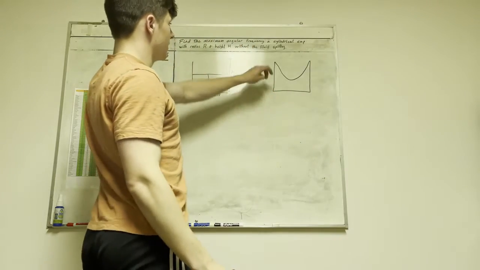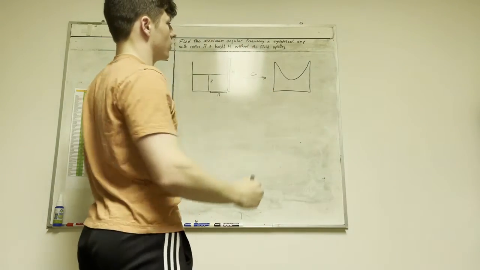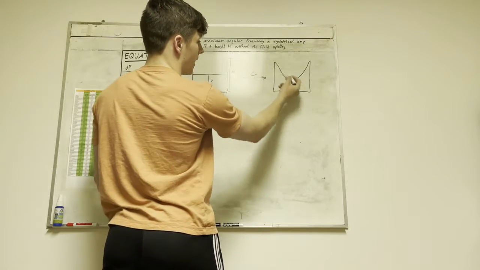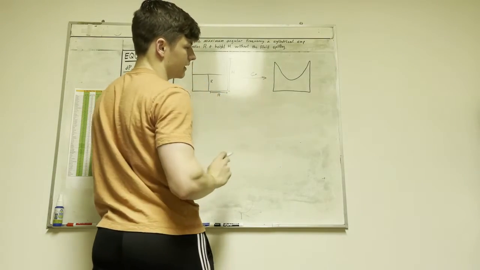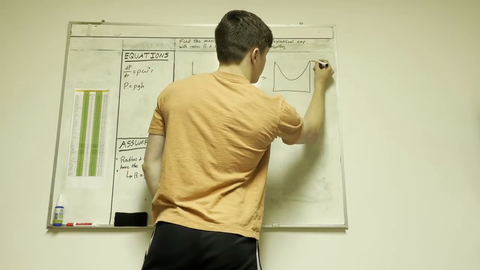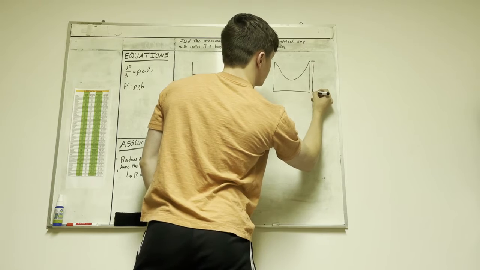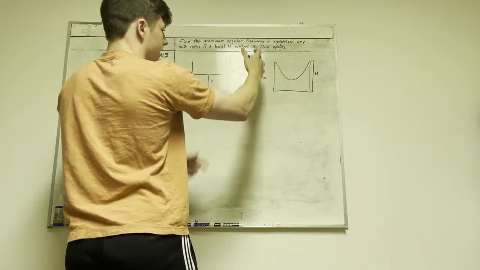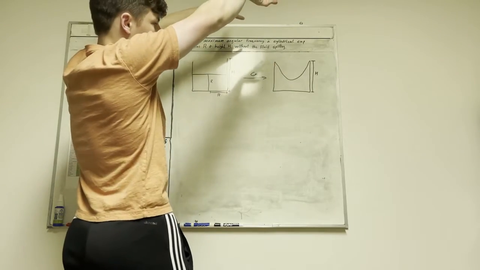And this is without the fluid spilling over. So what maximum angular frequency can we have without this fluid spilling over the edge of the cup? This is still H, but now the fluid has dipped and moved upwards.